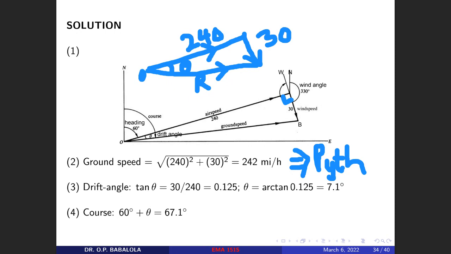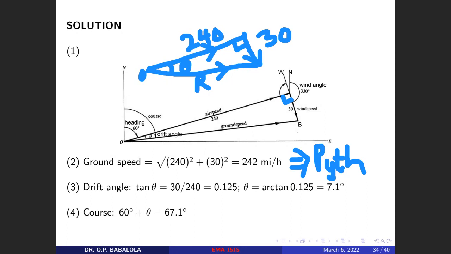So let's find the drift angle, which is theta. To find angle theta, we have opposite and adjacent. Remember this drift angle, the small one, this theta I've drawn here. And this is 90 degrees.